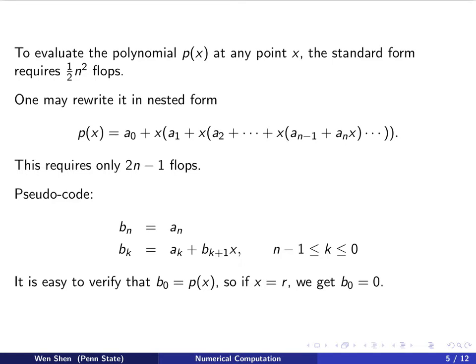And now it's easy to verify that b0 would equal p at x. So if now x is a root, x is r, then one would get b0 equals 0.